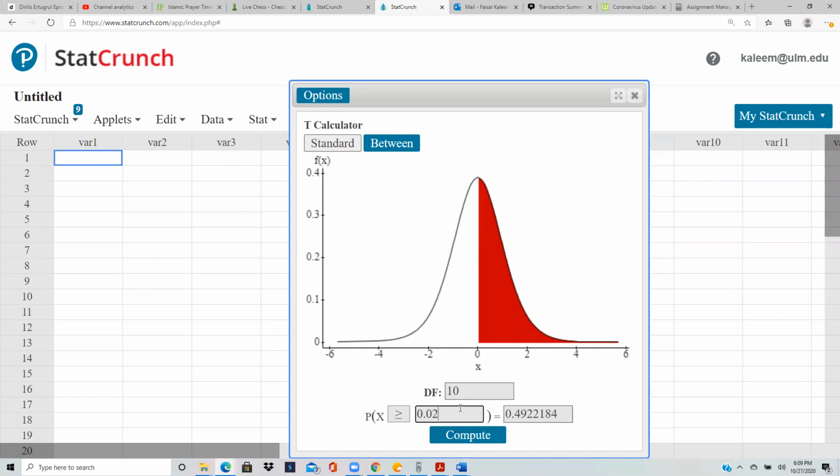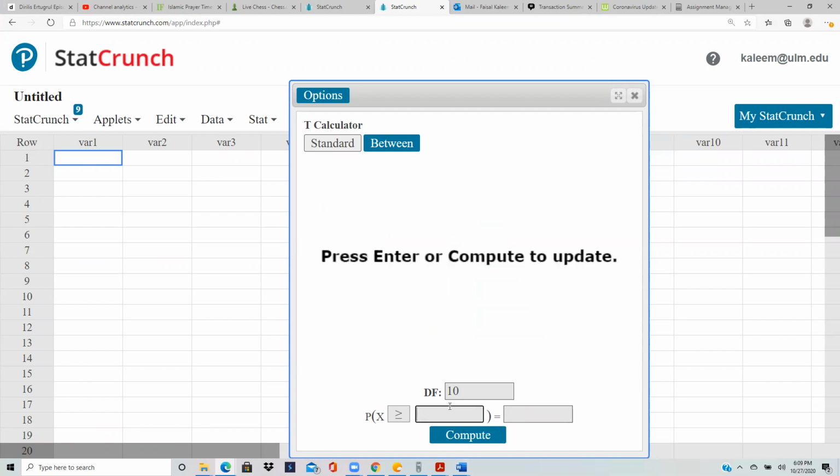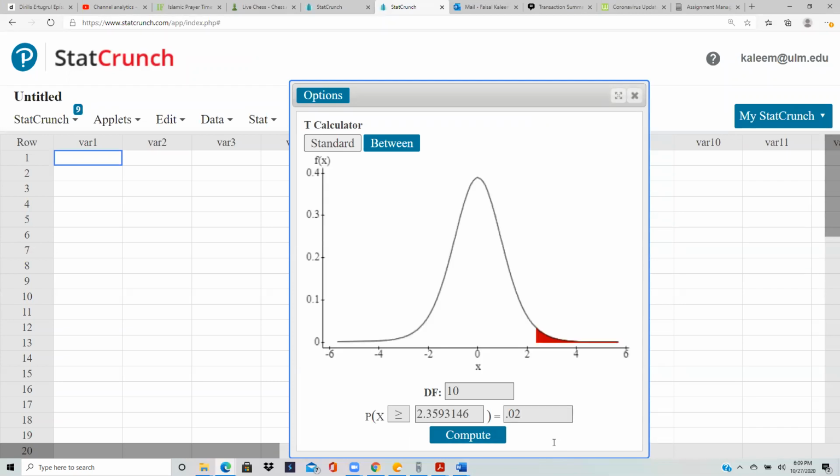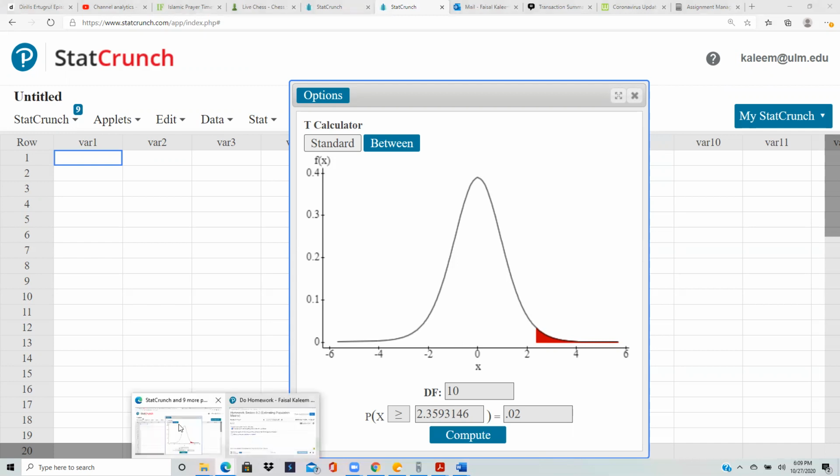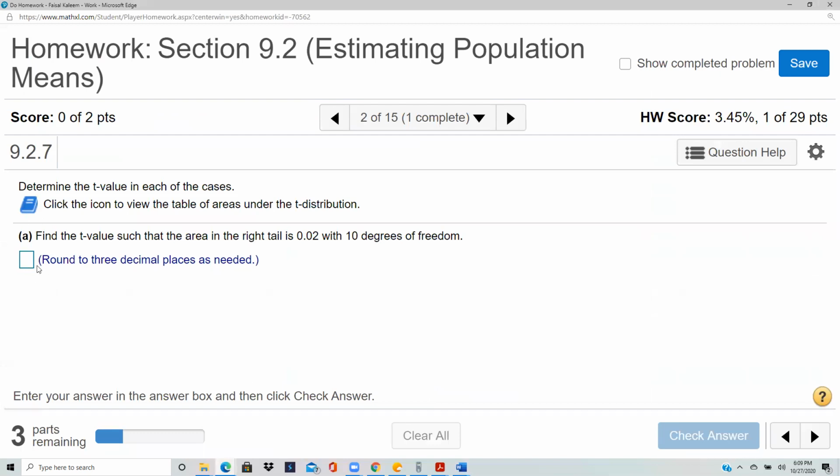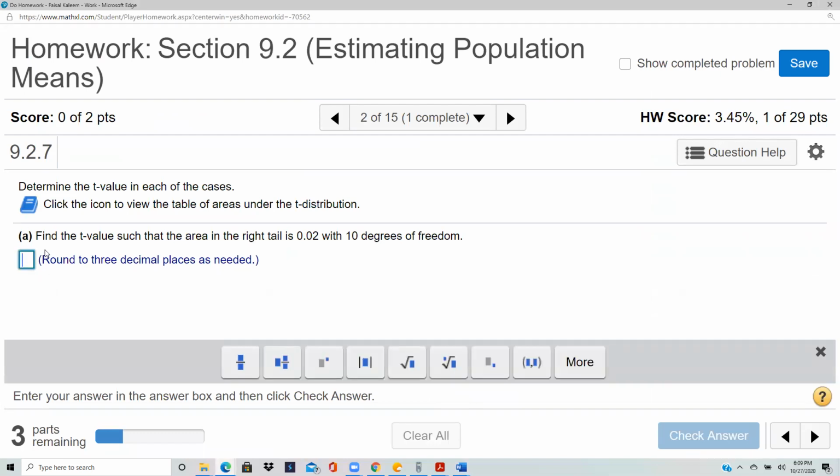Oh no, the area to the right was 0.02. So the area box is always this last one, 0.02. So 2.359.